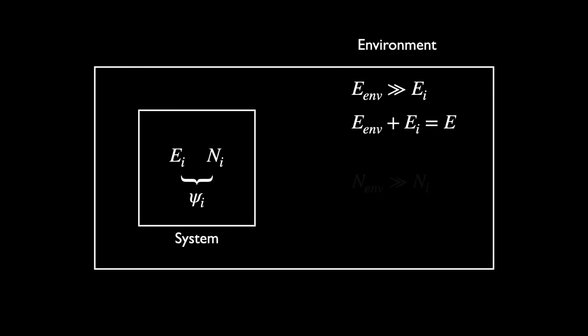As before, the system has energy Ei with an additional variable Ni, its particle number. These are the properties of the microstate psi i that we are interested in. The same assumptions carry over from the canonical ensemble. In addition, similar conditions now hold for the particle numbers, with the total number of particles being conserved. We now introduce another standard jargon.